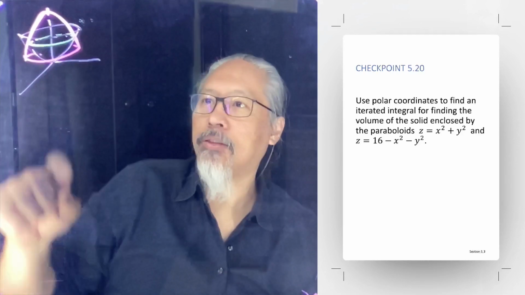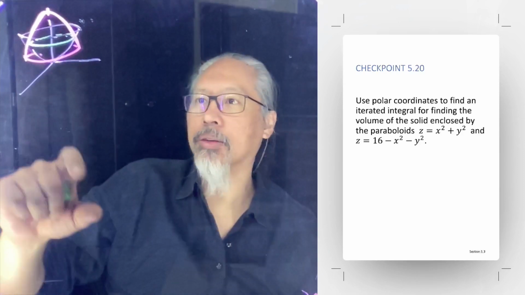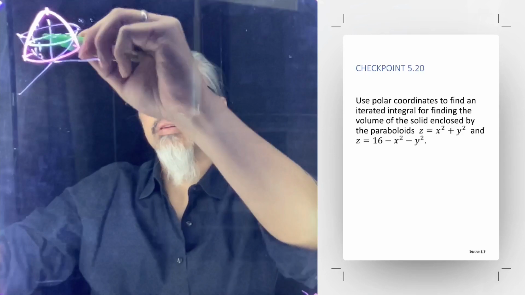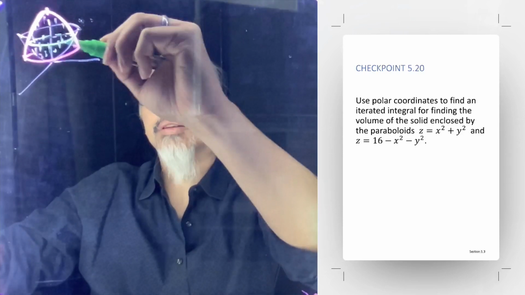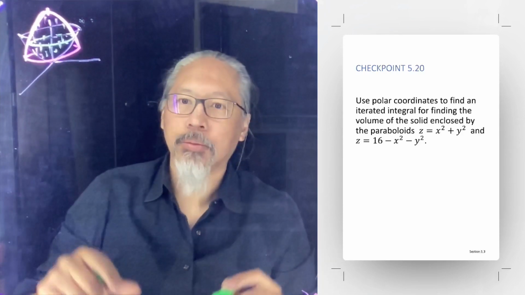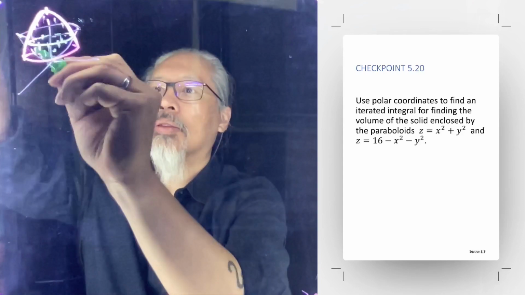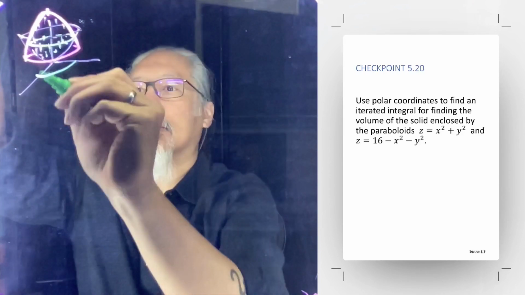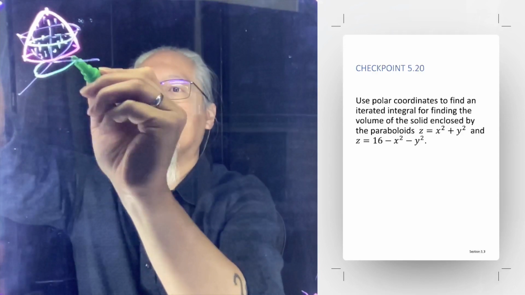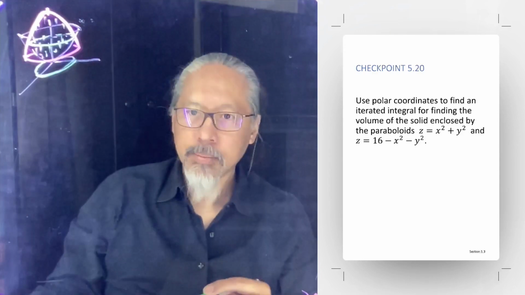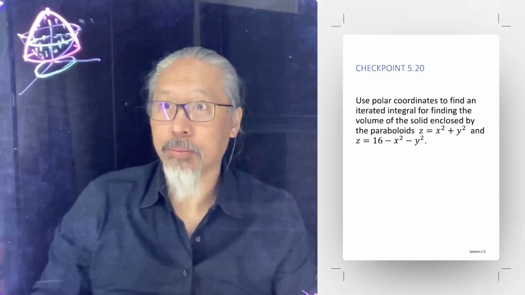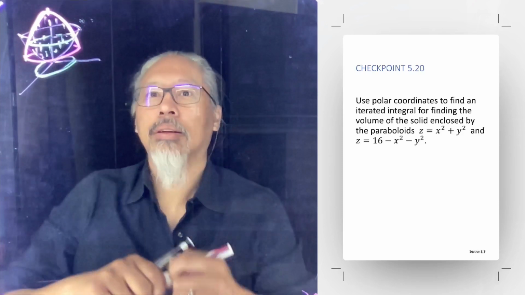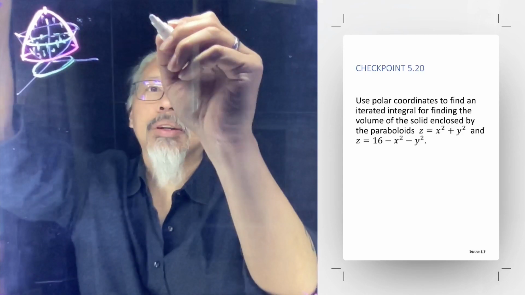And then you'll have the volume that you're looking for that's just going to be within these two parabolas. Between those two parabolas, you're also going to have to restrict yourself to whatever this intersection happens to be, and that's going to be an important part of our solution here.